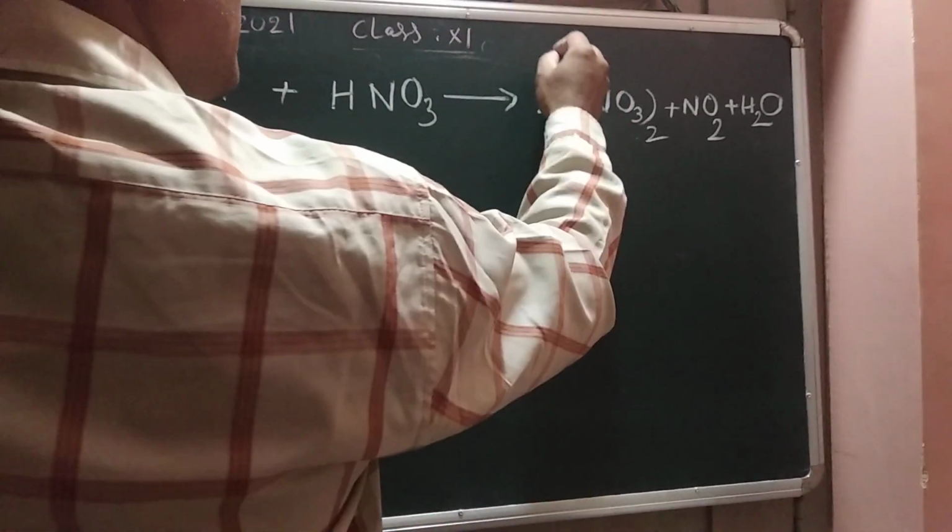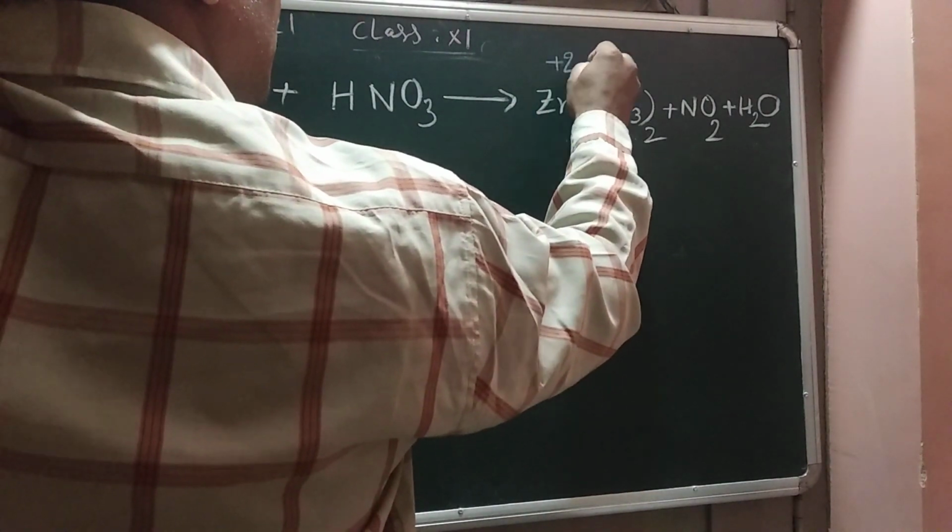First step, we have to write the skeleton equation, and then this equation is balanced according to the oxidation number method. First I will find out the oxidation numbers. Zinc oxidation state here is 0. In zinc nitrate, zinc oxidation state is +2.